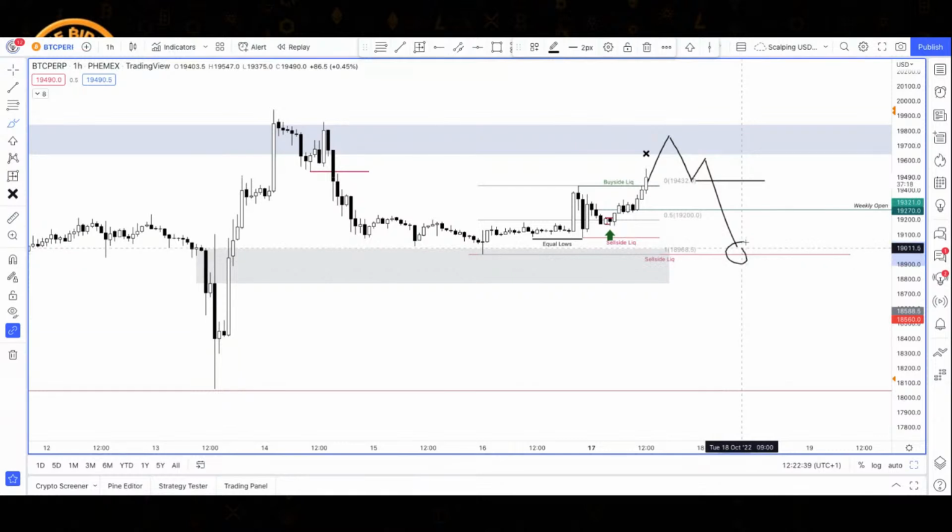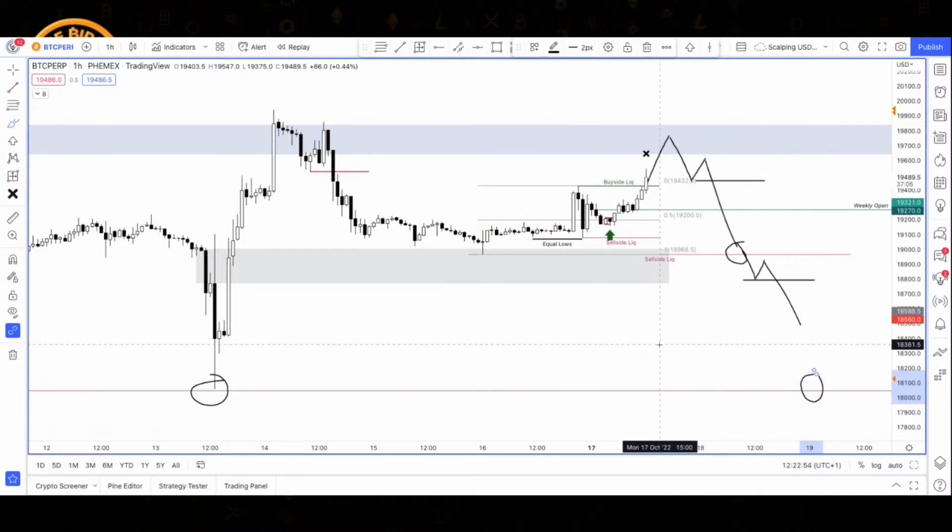So I can trade into this level here, right? So what happens? We break down from this level, we lose market structure again. Well, we know where our next liquidity is, right? Under this low here and under this high time frame sell side liquidity. All right. So let's take a look.